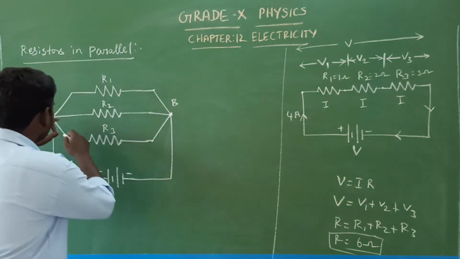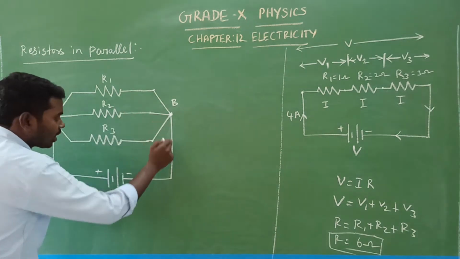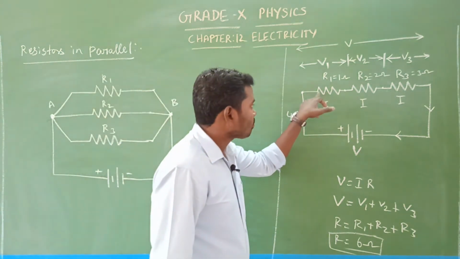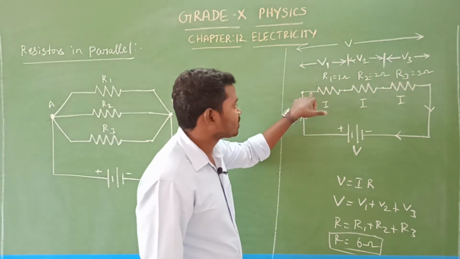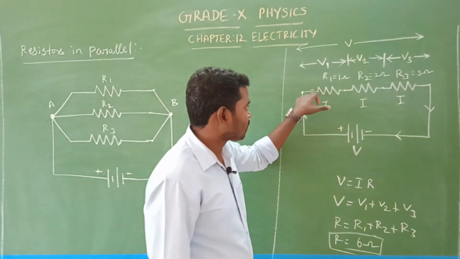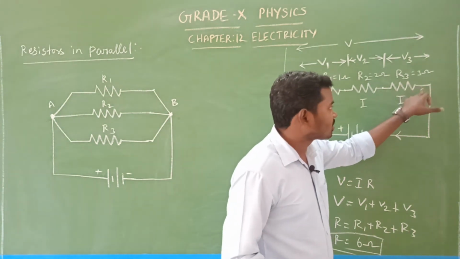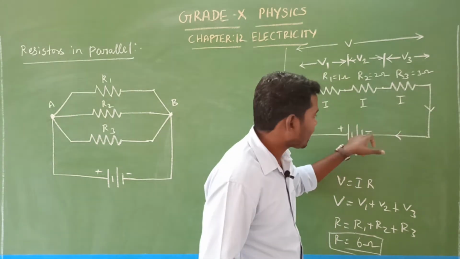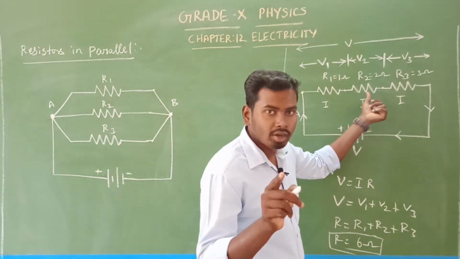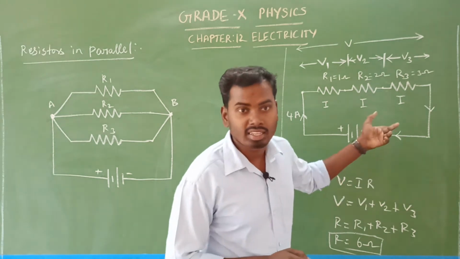Yes, look at here. One end of all the resistors is connected to the positive terminal of the battery. The other end of all the resistors is directly connected to the negative terminal of the battery. Whereas here, only the first end of the first resistor is directly connected to the positive terminal of the battery. The last end of the last resistor is directly connected to the negative terminal, and the remaining ends are never connected to the terminals of the battery directly in series combination.